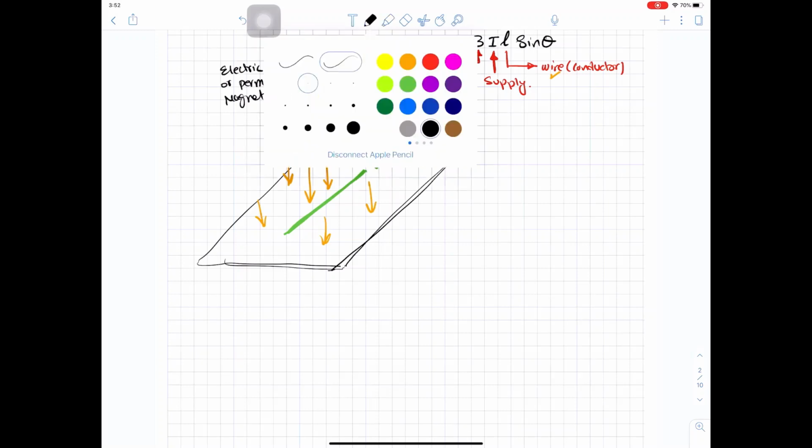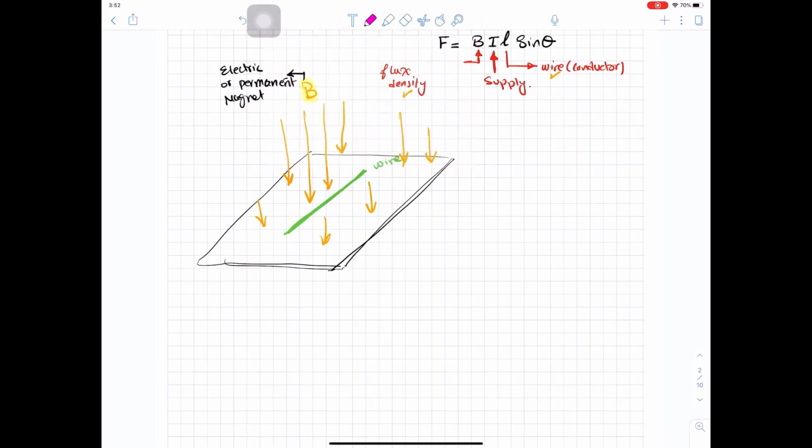And to produce the force, we need our third element, which is the current I. So to get this current I, we will connect a battery V. So we need an external source. This external source will supply the current I into the wire.